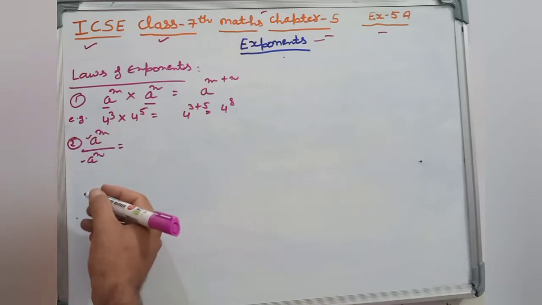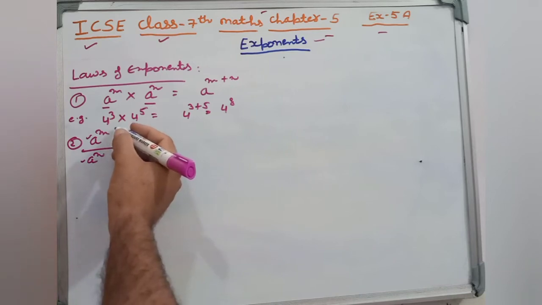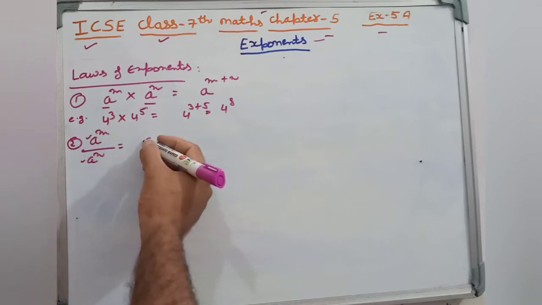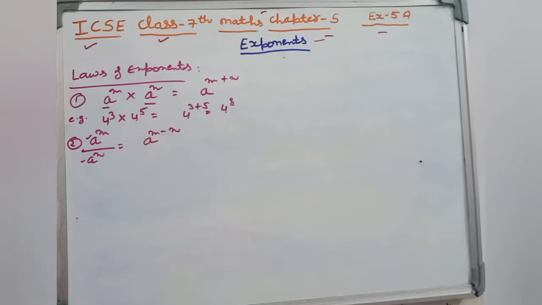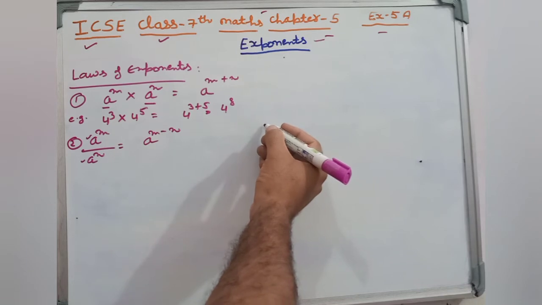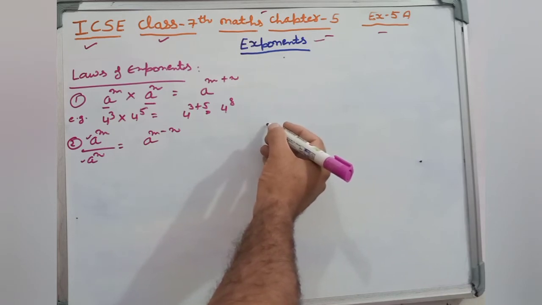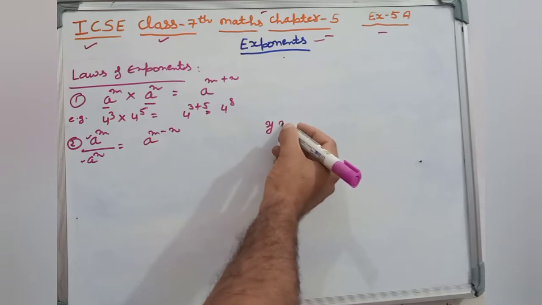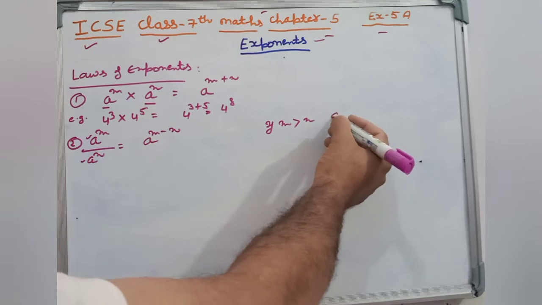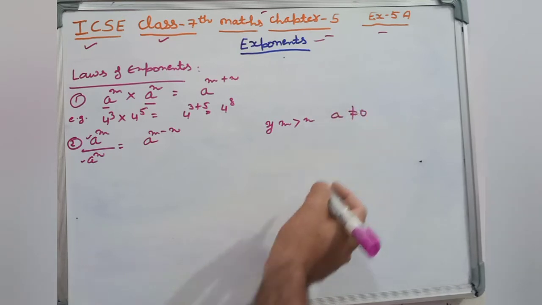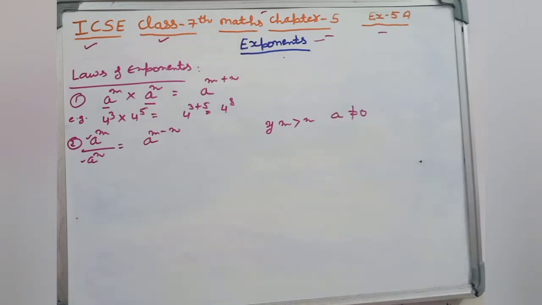Whenever we divide them, the power goes above and becomes minus, a raised to power m minus n. But the condition here is, if m is greater than n and a is not equal to 0, right?